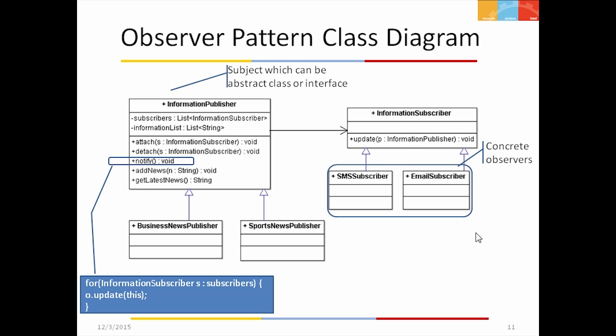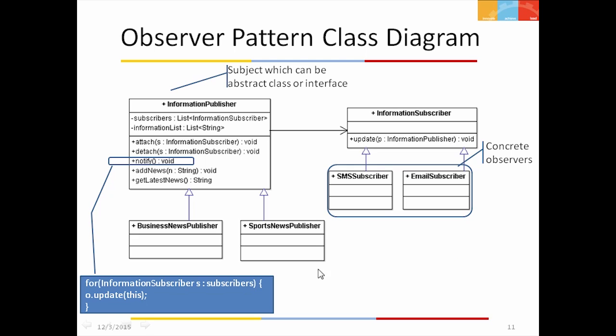Notify will do the following. It will basically iterate over the list of subscribers, and it is going to update or notify these subscribers. So what's happening is that it is iterating over the list, taking each subscriber and calling the update method of the subscriber.